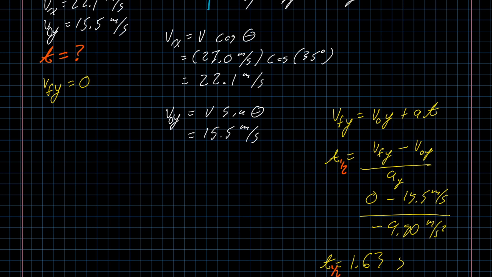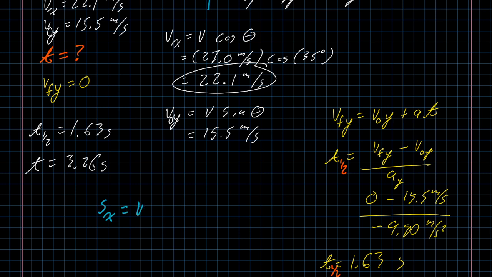It's the time to get from the launch point to the peak of the arc, and then we need to double that to get the time of 3.26 seconds for it to go up and then back down. This is the time, along with this velocity, that we can plug into our last formula.